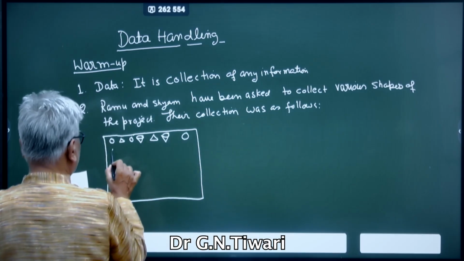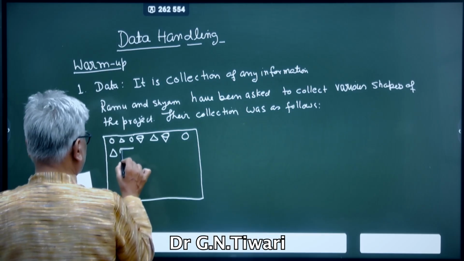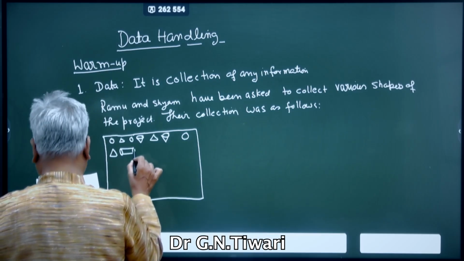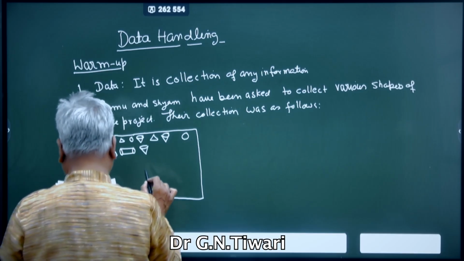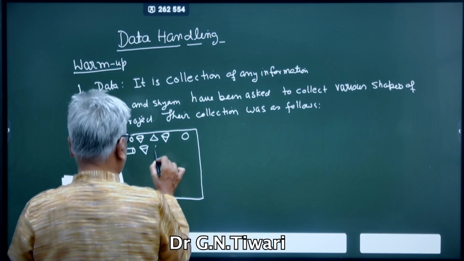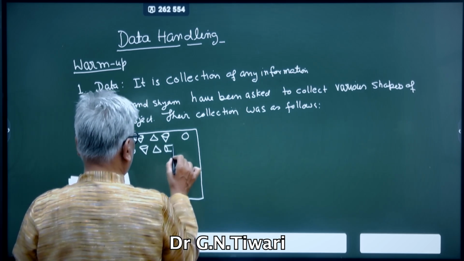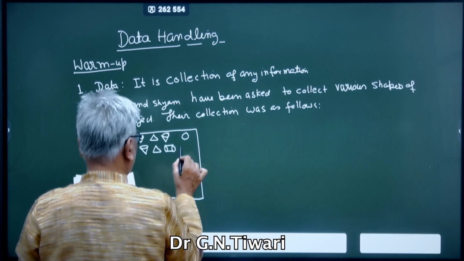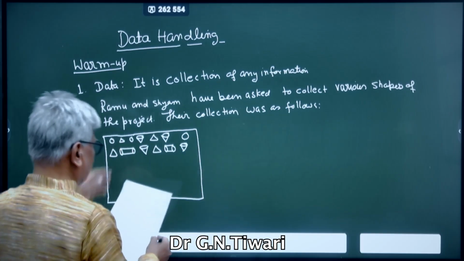Now again circle, horizontal cylinder, vertical cone, and triangle, horizontal cylinder, and cone. That is the sequence in which they have collected.